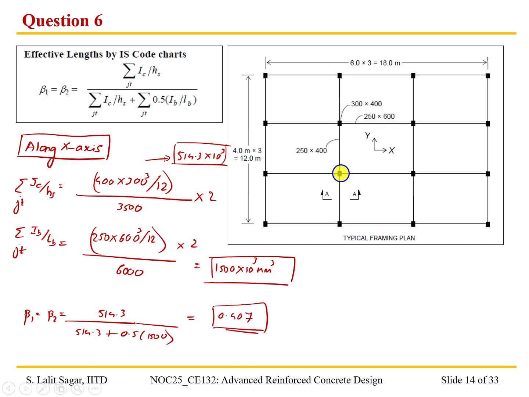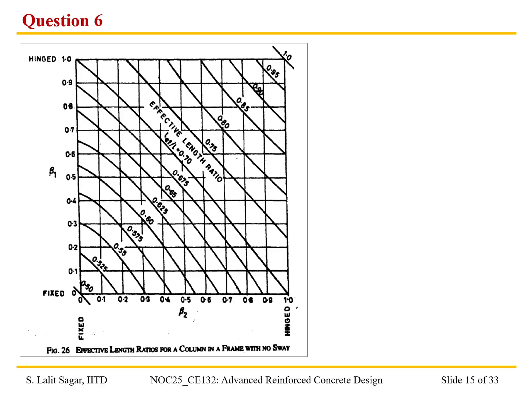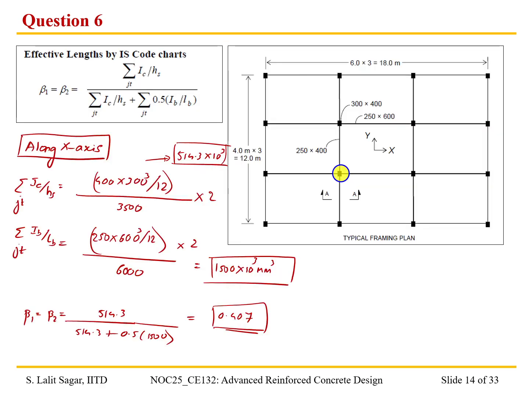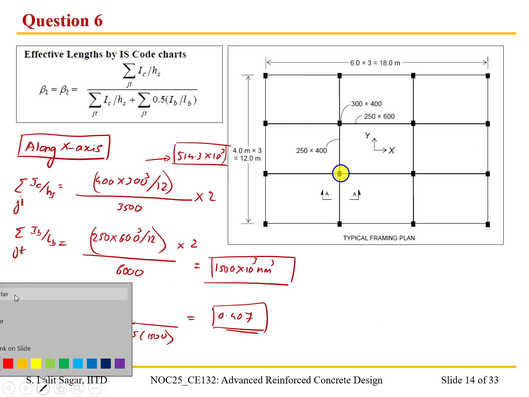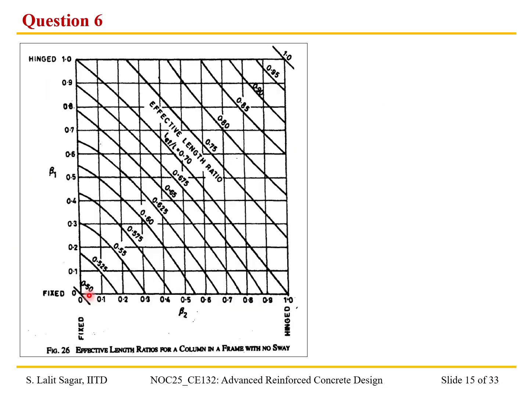Let us proceed to the chart in annexure E. We have beta 1 and beta 2 as 0.407. Corresponding to beta 1 and beta 2 of 0.407, we get a value of about 0.64.